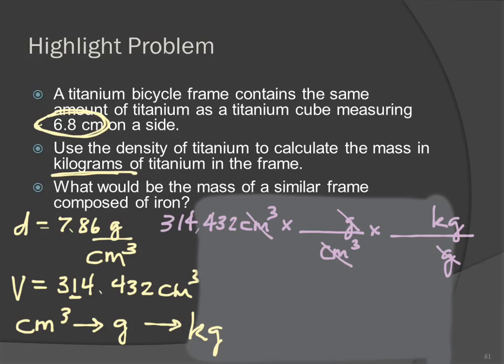That's how we set up the units. Is that making sense? For the numbers, we've got this density, 7.86 grams per cubic centimeter. So the number goes with grams, 7.86.